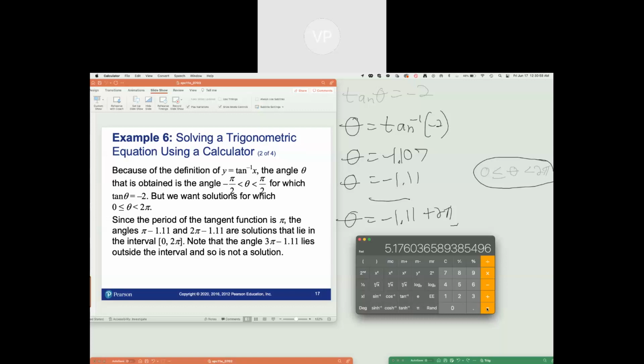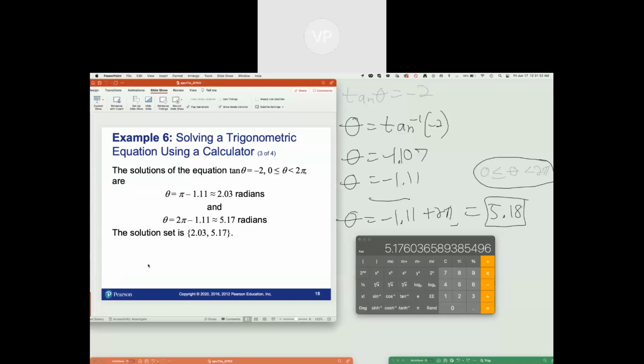And we get 5.17. Okay, so we do that. And remember, this is the equivalent, 5.18 we'll call it. You can add 2 pi to something, and all it does is spin it around one time, but it's the exact same solution. And that's where we get this one.